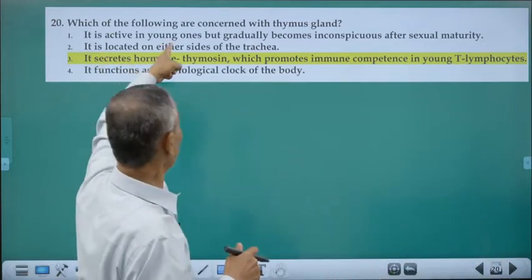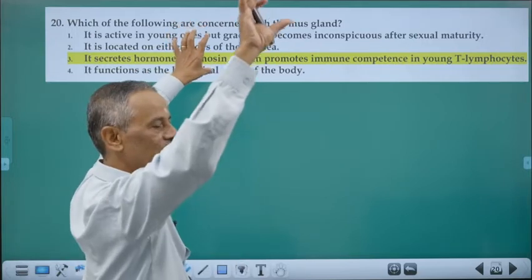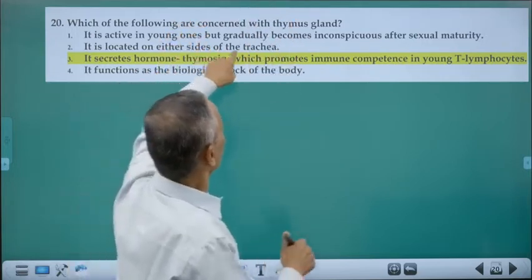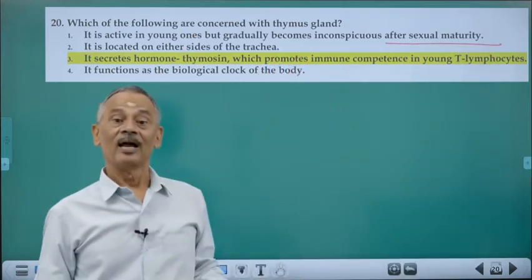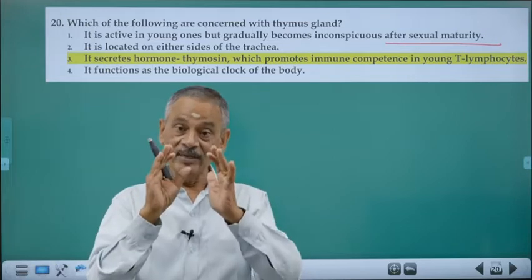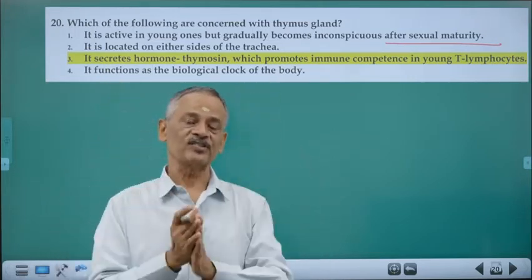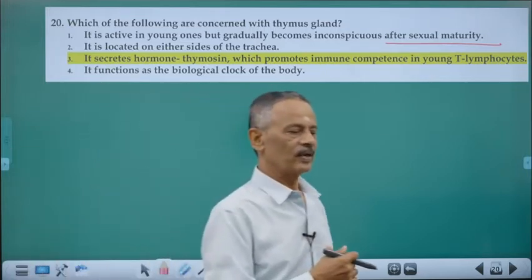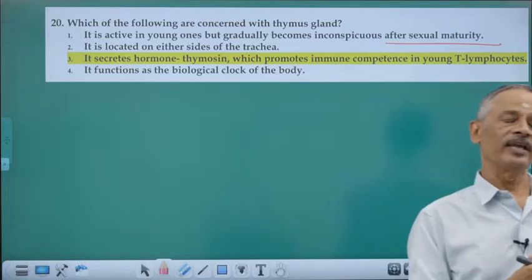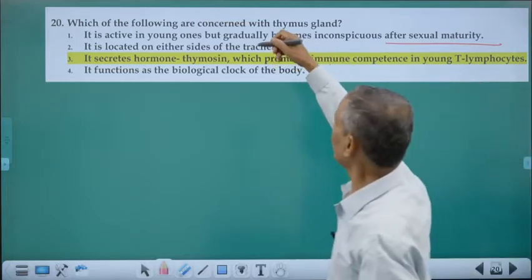At the time of birth, quite small, gradually increasing, reaching maximum, and becoming inconspicuous after sexual maturity. See, it is having its maximum size when you are all in youth stages. Thereafter, slowly decreasing in size and completely disappearing by the time you reach 50 years. So it is active in young stage.